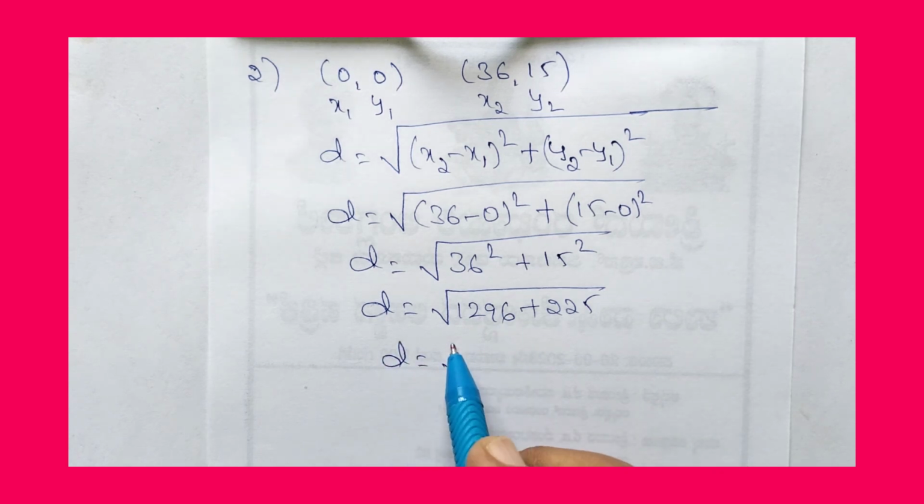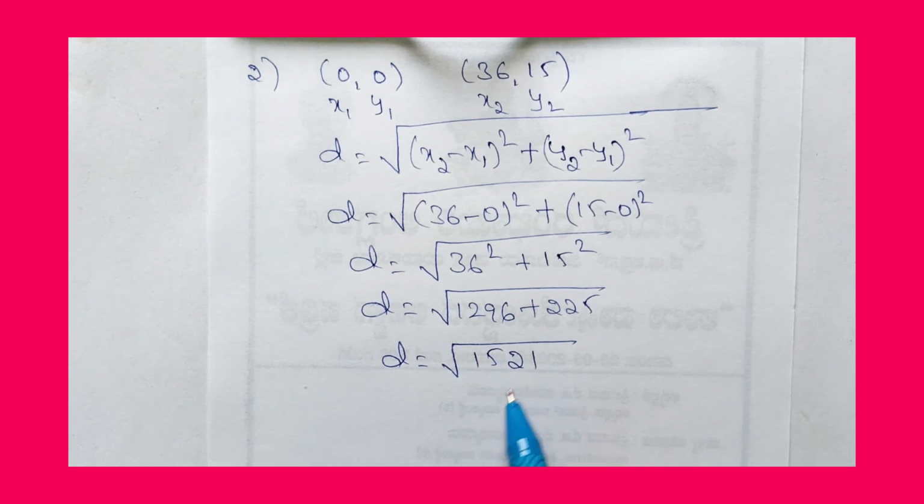So D is equal to square root of 1296 plus 225, which is equal to 1521. So D is equal to square root of 1521, which is 39.